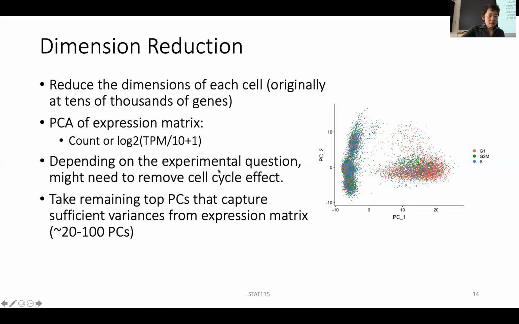Each principal component is a linear combination of the genes that you read in that single cell to capture the variations for that single cell. And then the second principal component is a different linear combination of all the genes in this single cell with a different weight, which is orthogonal to the first one. And with maybe 20 principal components, you can already capture most of the variations in your expression matrix.